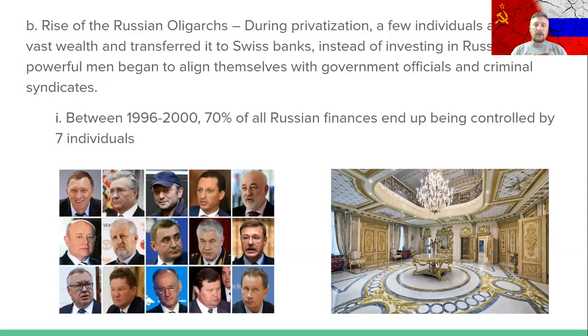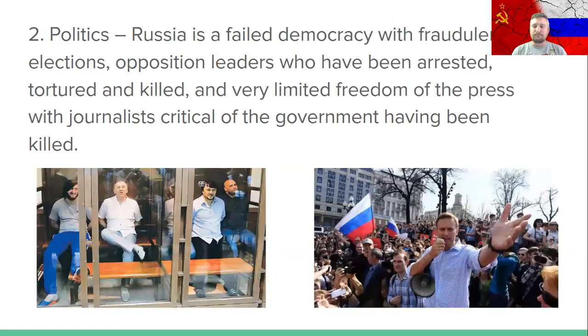Over in Russia, where you do have more corruption and more bribery, now all of a sudden you have these ultra wealthy individuals in full control of all of Russia's finances, and they're going to be pulling a lot of strings, especially when they get people in positions of power, like we will see later on, such as Vladimir Putin. So the rise of the Russian oligarchs in the 90s positioned them in a great spot to control vast amounts of wealth and really doom democracy in Russia.